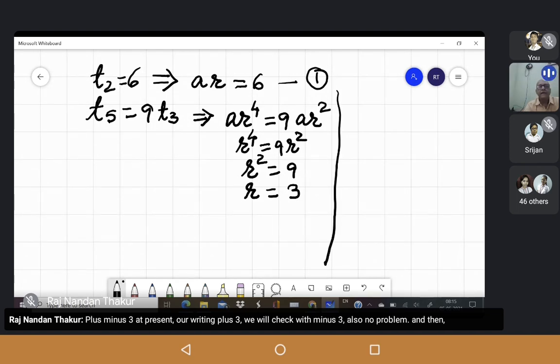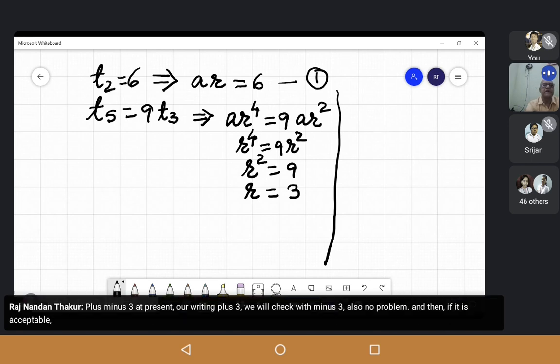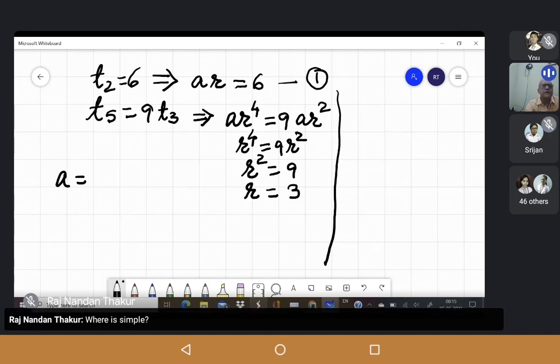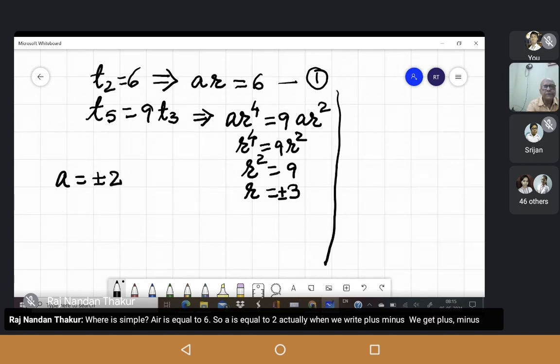And then if it is acceptable, we will write plus minus 3. What will be A? Two. Very simple. AR is equal to 6. So A is equal to 2. Actually, when we write plus minus, we get plus minus 2.